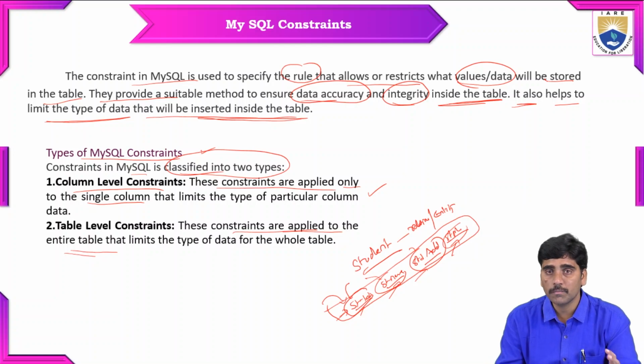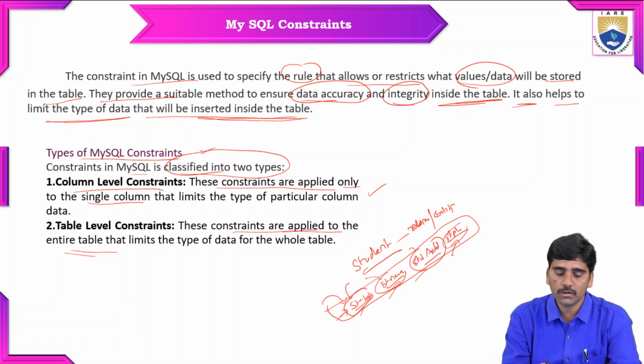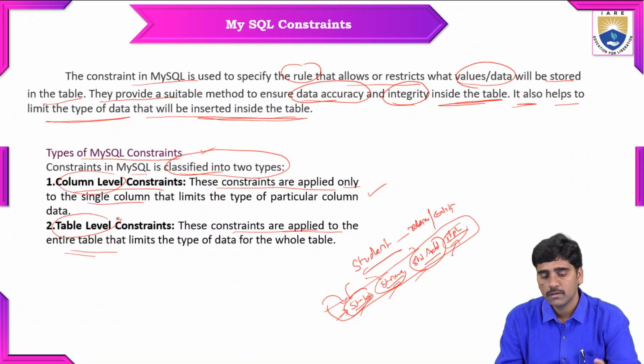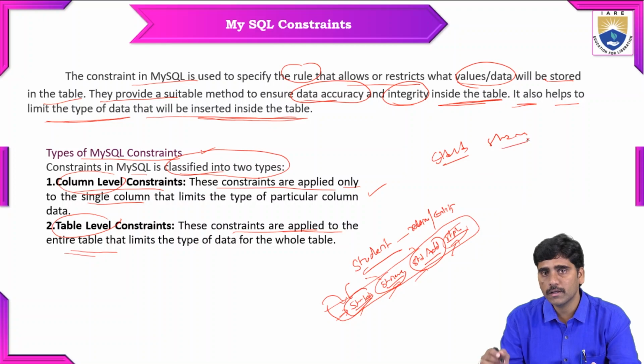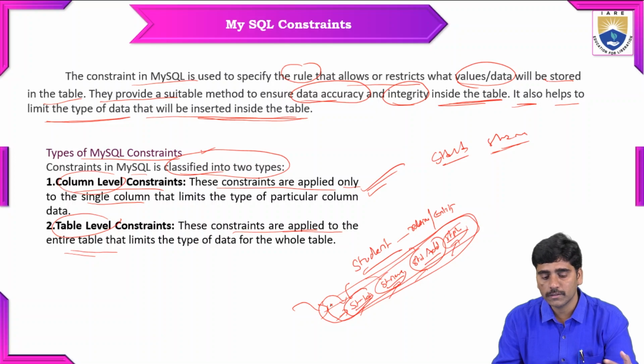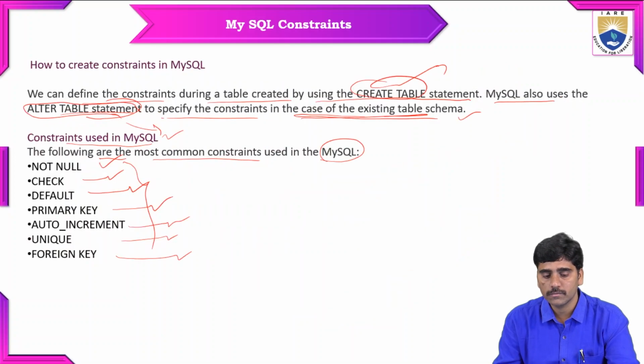For that you can apply two types of constraints. One is column level constraint, and the second one is table level constraint. Applying a constraint to the columns, like student ID, student name, is called column level constraint. Applying a constraint to the entire table is called table level constraint.